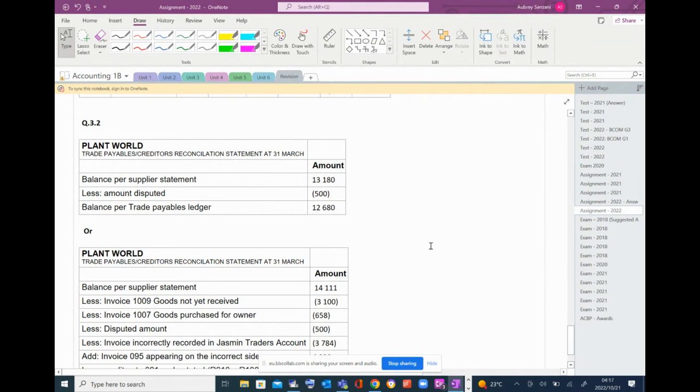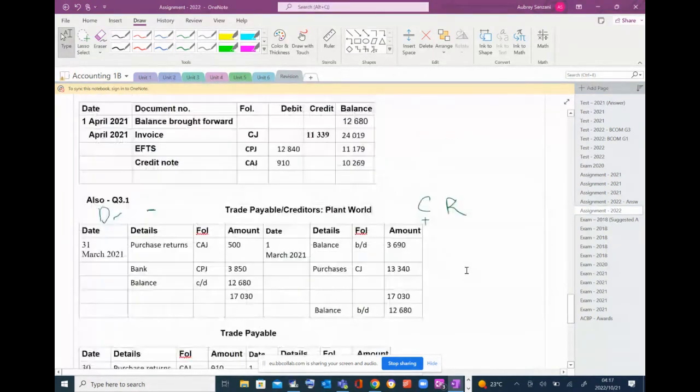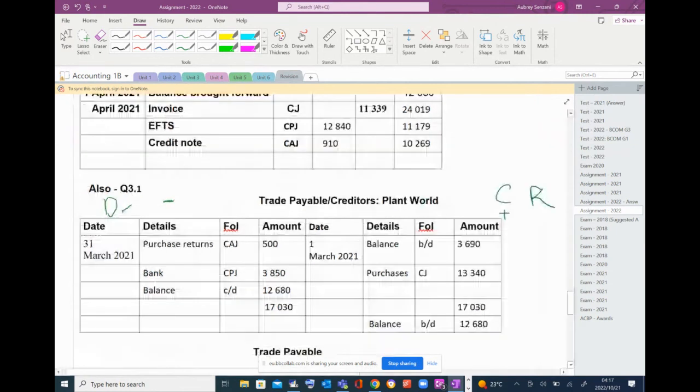Third bullet point. That's very relevant for that. So that was for March. March, yes, 500 rand. Can you see it's this amount here?